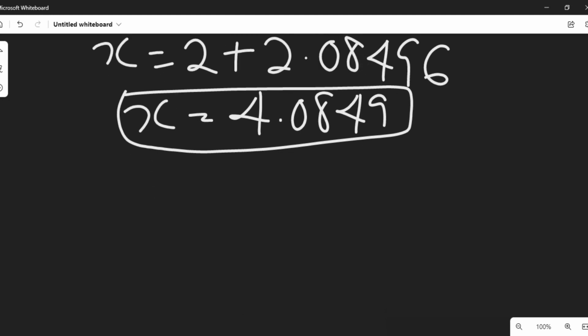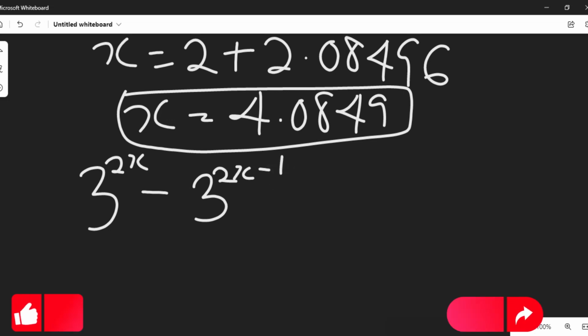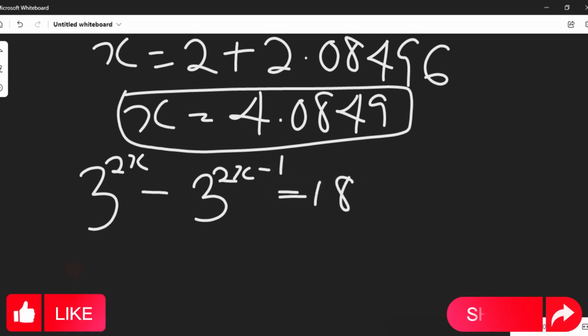Now, what if you are given this final equation, 3 raised to power 2x minus 3 raised to power 2x minus 1, and you are told it is equal to 18. We are asked to find the value of x.